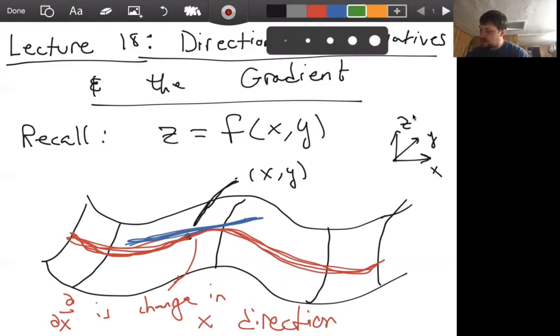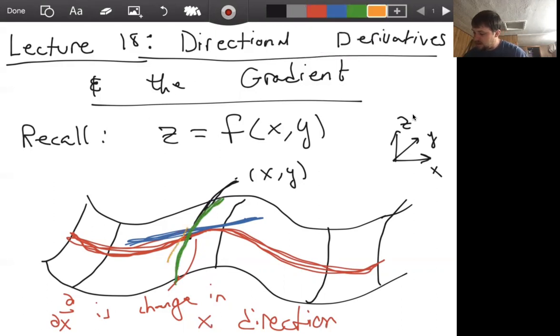And similarly, we had that partial derivative with respect to y is you hold x constant, look at the slope of the tangent line in the y direction where x is constant, and then this slope, partial derivative with respect to y, is change in the y direction.